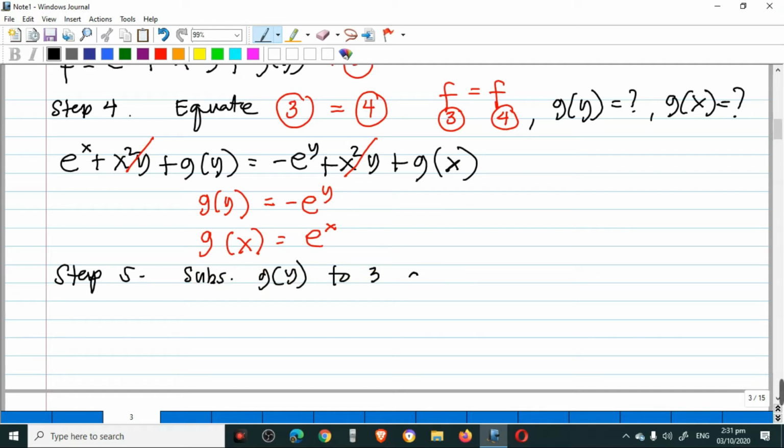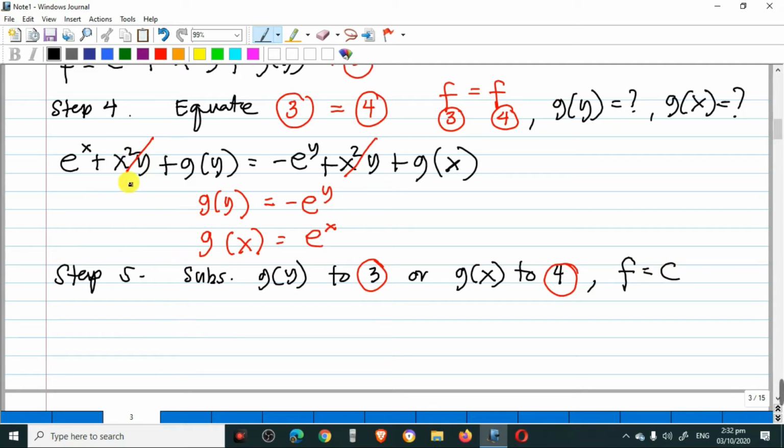And, or, using yung g(x), substitute mo naman yan to equation number 4. Okay? So, this is equation number 3 and equation number 4, for us to determine the general solution. And also, don't forget to substitute also the value of our f. Yung function natin is equal to c.